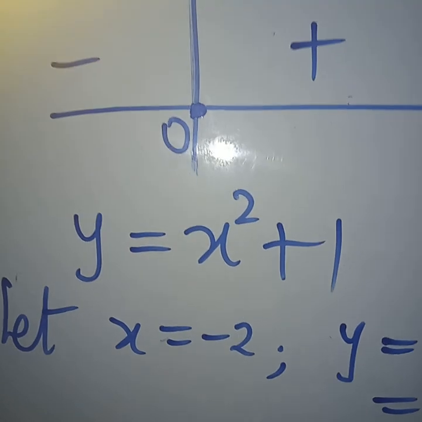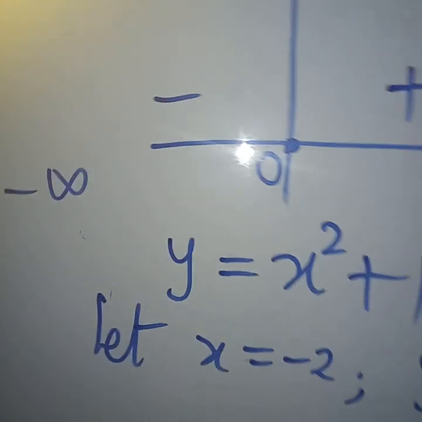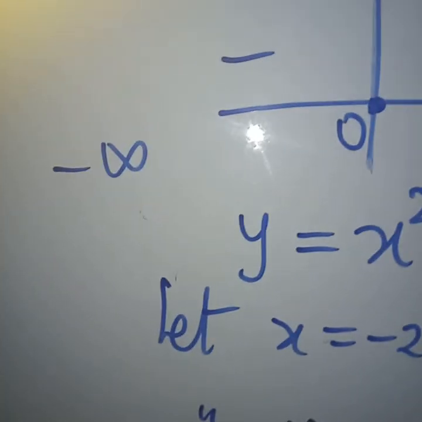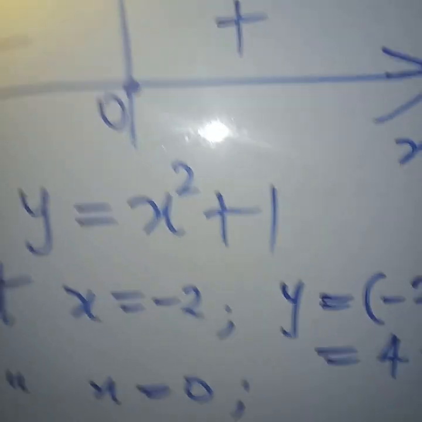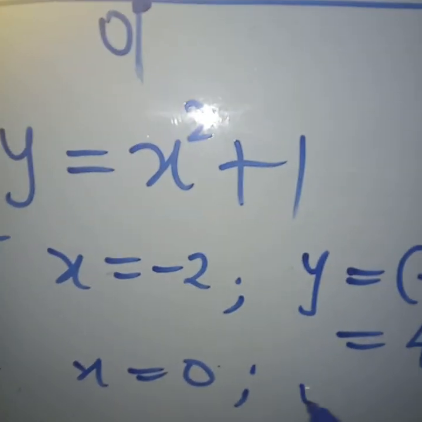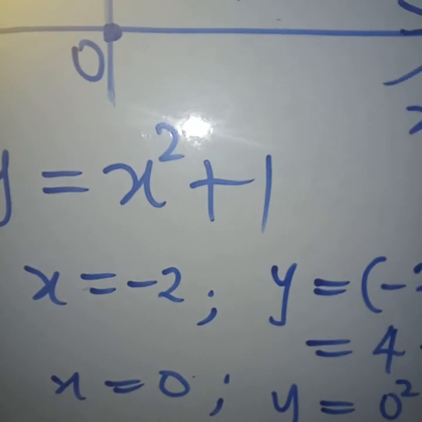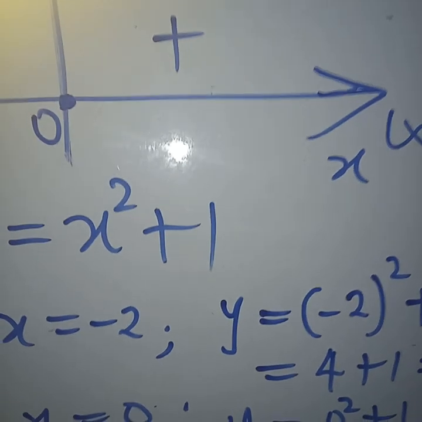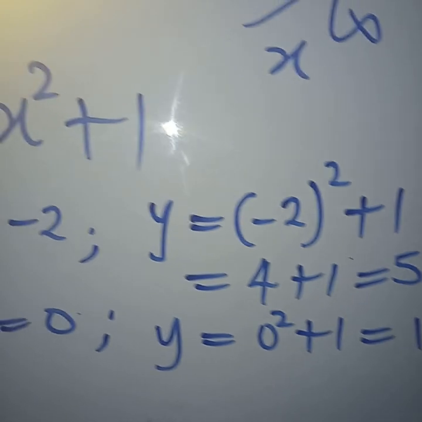Again, when we choose x to be 0 at the middle, we want to see again what y is doing. Again, we see that y in this case is equal to 1, which is also unique.